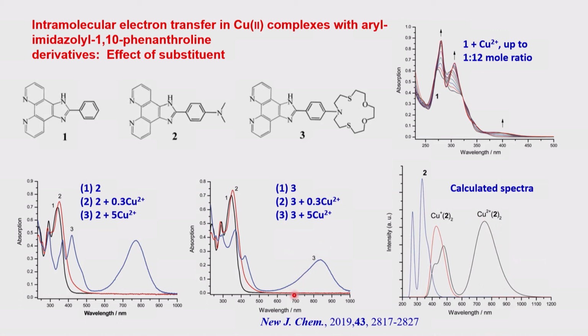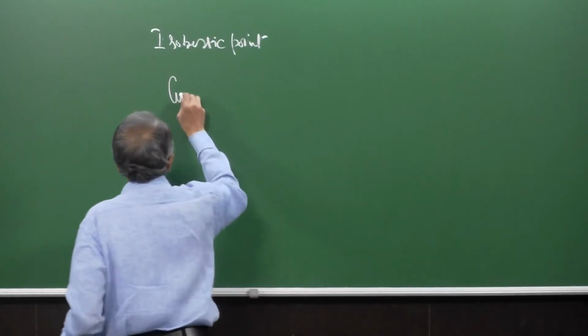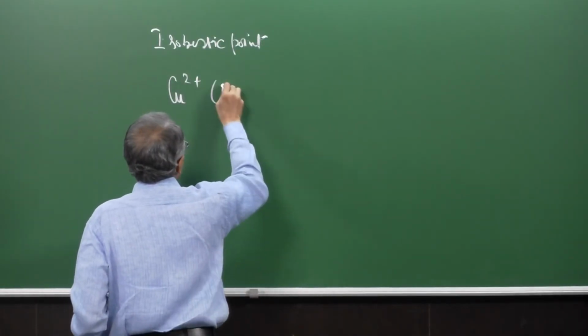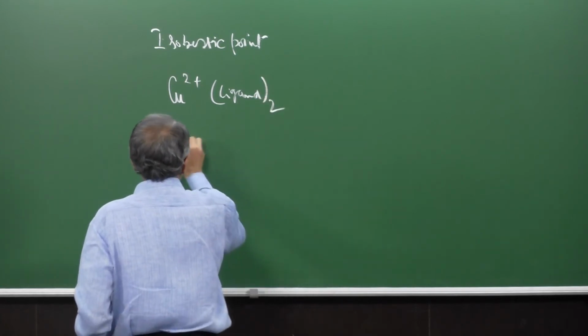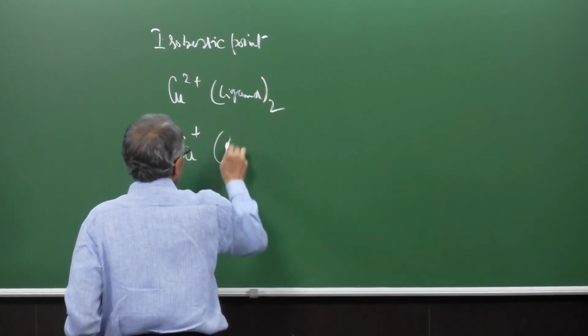So this absorption spectrum between 700 and 800 is primarily coming from copper 2 plus. But in other cases there is a band between 400 and 500. This 400 to 500 band is not coming from copper 2 plus alone. The first one is copper 2 plus with the ligand twice. The second one is copper 1 plus with the ligand.